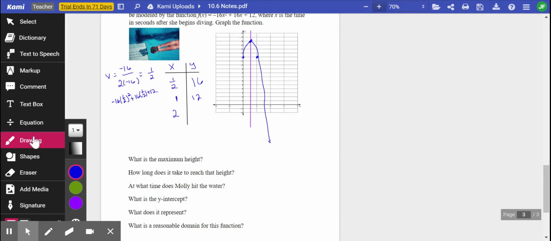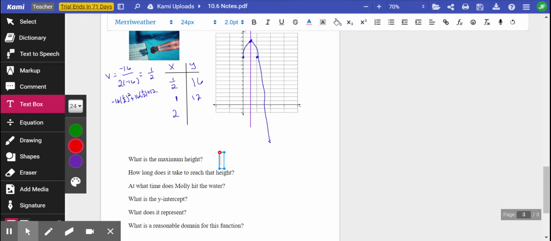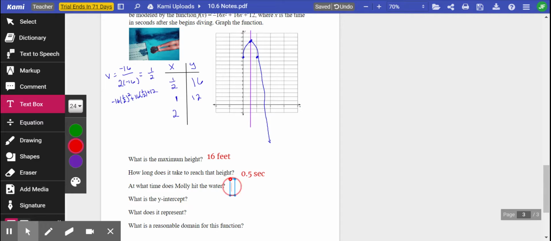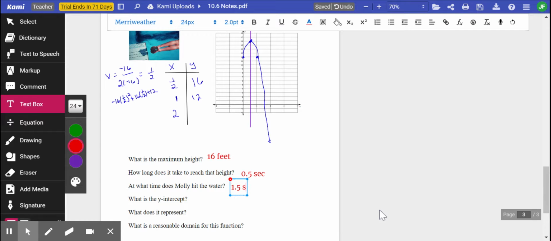Maximum height, again, ended up being 16 feet. And it took her half a second to get there, so 0.5 seconds. She hit the water, we're going to say at 1.5 seconds. I know it's not exact, but it's good.